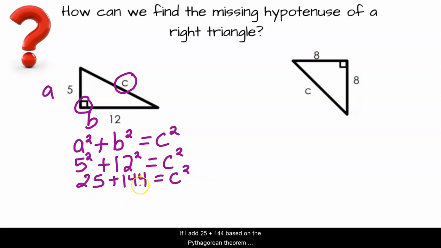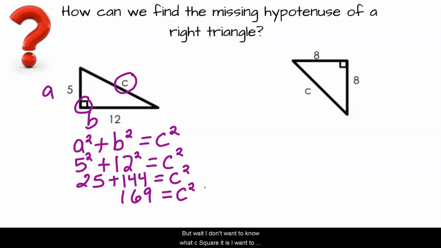If I add 25 and 144, based on the Pythagorean theorem, that should be equivalent to C squared. 25 plus 144 is 169. So 169 is equal to C squared.